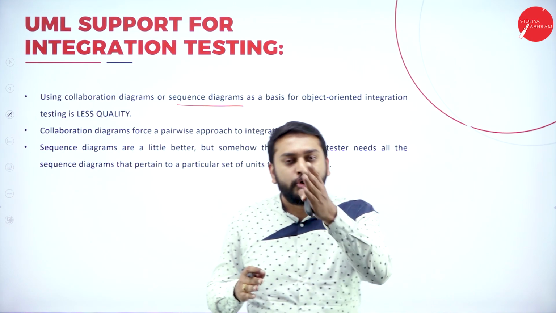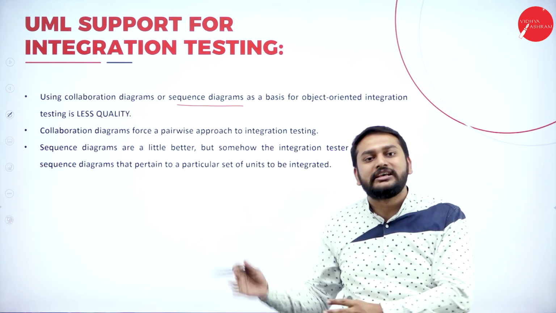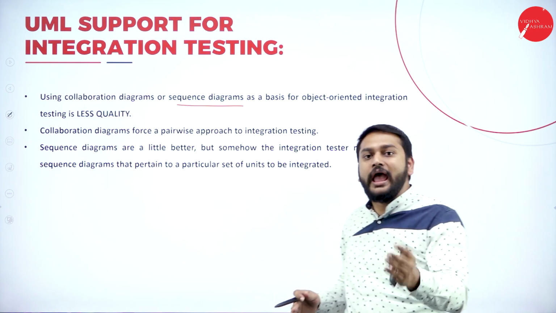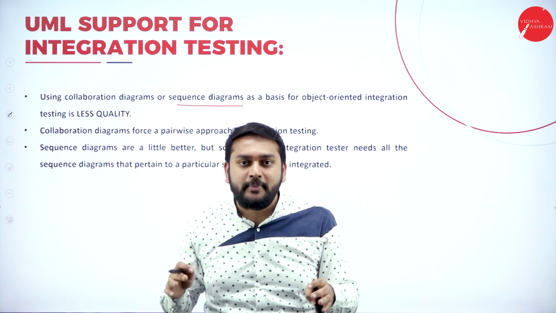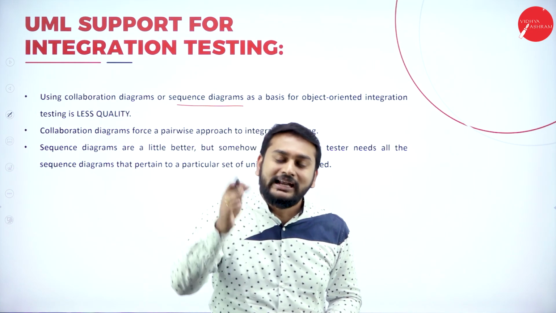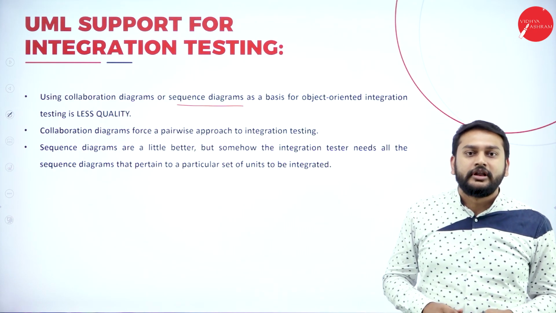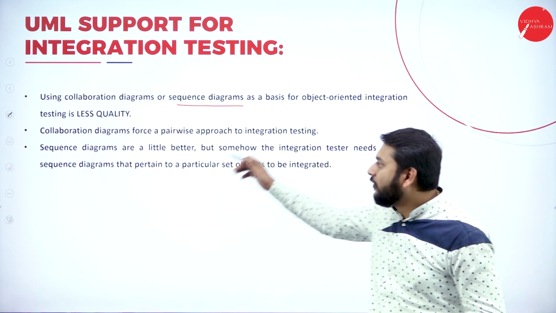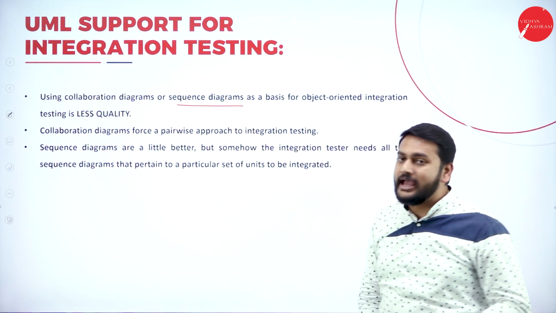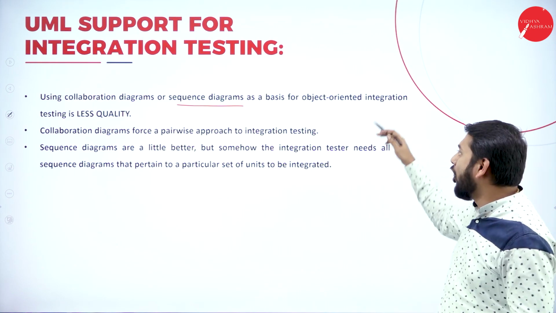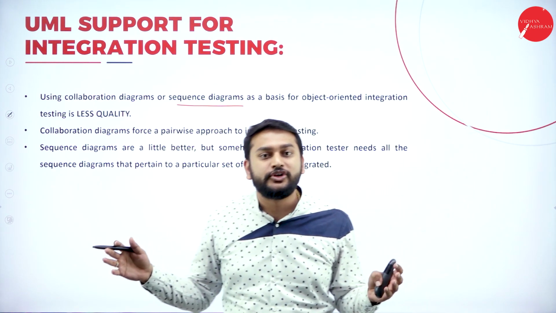One by one, it will show you the sequence. But the collaboration diagram will give you the communication between the classes. These two things will help me to understand what exactly is happening in integration testing, but it leads to lesser quality of integration testing. Using the collaboration diagram and the sequence diagram as a basis for object-oriented integration leads to lesser quality is what you need to remember.